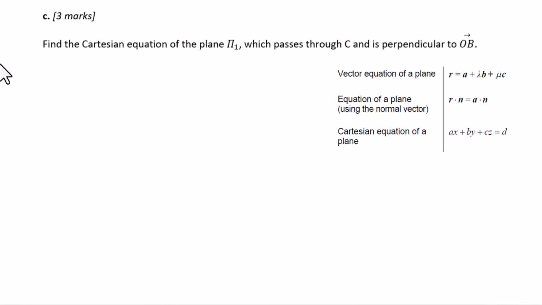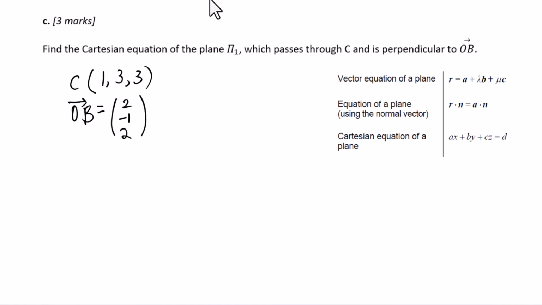Let's go to C. Find the Cartesian equation of plane pi1, which passes through C and is perpendicular to OB. Let's talk about the formula. Vector R means any position vector on a plane or on a line.